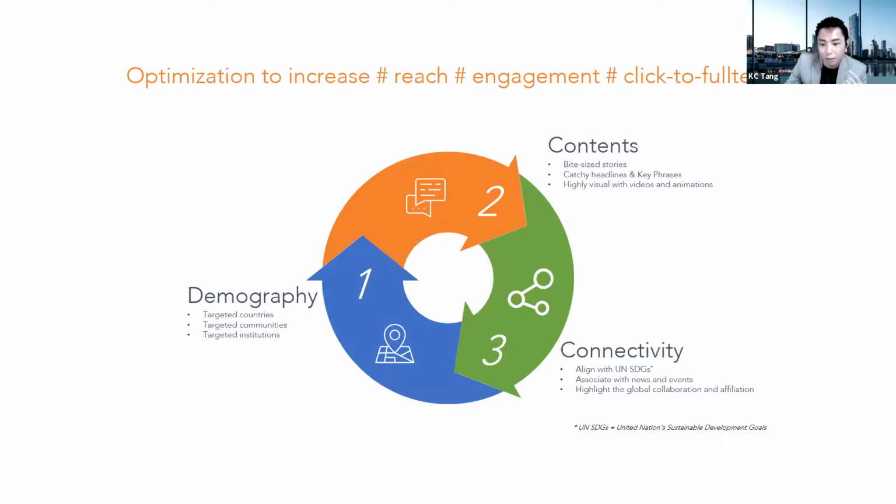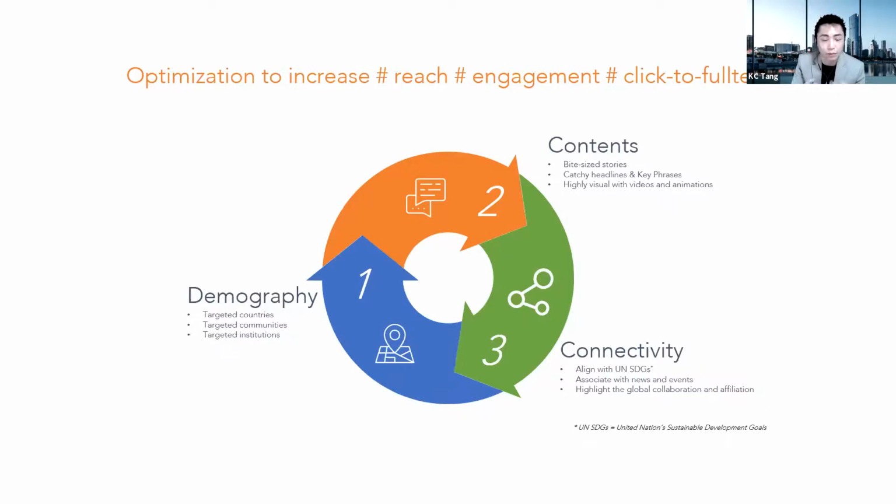And the last point, number 3, which is the connectivity part, where you connect your research paper with the relevant SDG happenings, SDG objectives and targets associated with different news and events. If you have that, it will amplify the intimacy between you and your target audience.